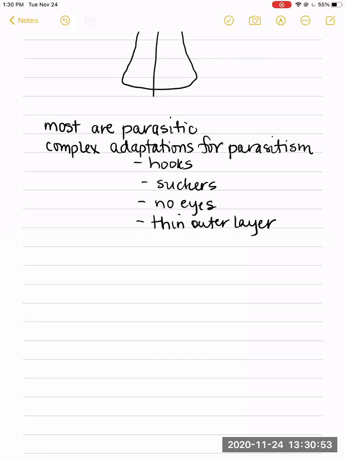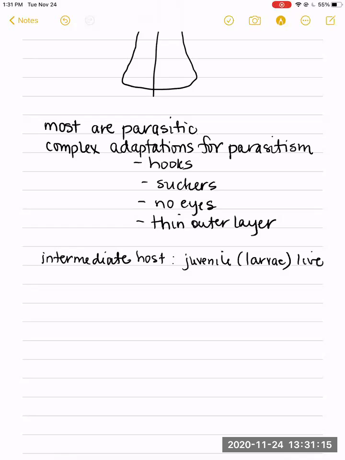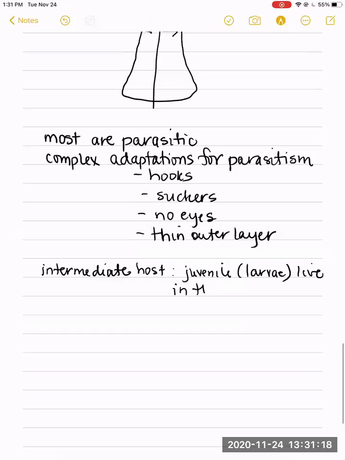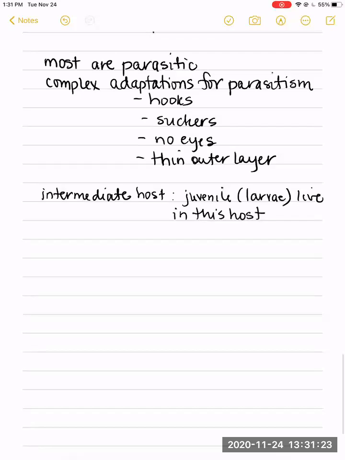A couple of terms associated with being a parasite that are important to know. An intermediate host is a host in which the juveniles, usually the larvae, live. And then the larvae are transmitted to what's called the definitive host.